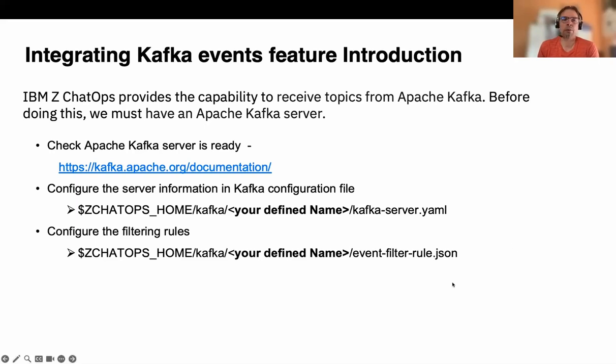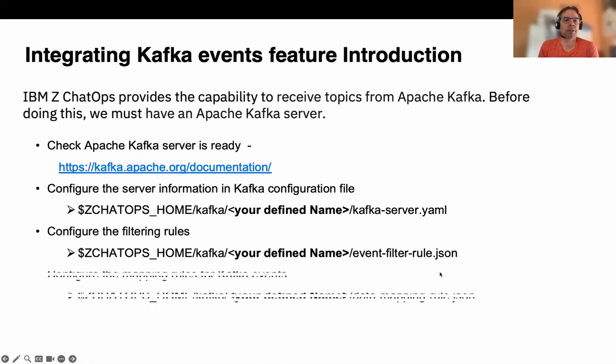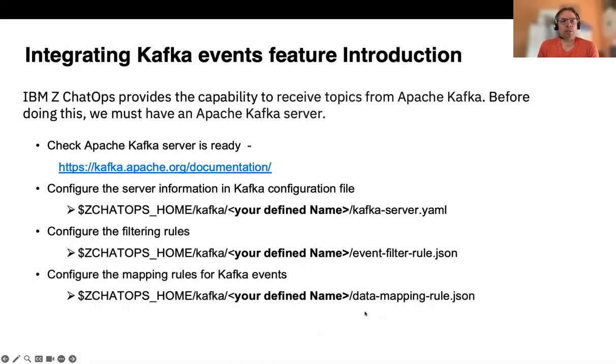So you can define which kind of events you want to surface in a chat tool. And you have to define mapping rules, because of course any kind of format can land in the Kafka topic. You define which attribute is mapped to the Z ChatOps incident model in which way, and that is defined in a mapping rule file.